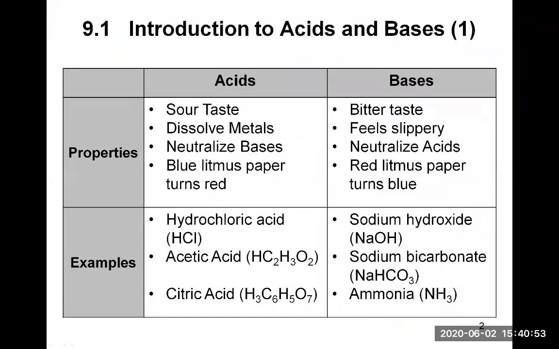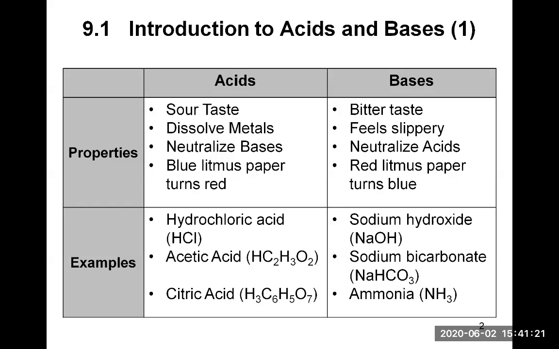So acids, on the left side of this table, what are their properties? They have a sour taste. Think about lemons, for example. Acids dissolve metals, so metals are solids, and if you put a piece of metal into a liquid acid, it will completely dissolve and become aqueous ions in a solution.